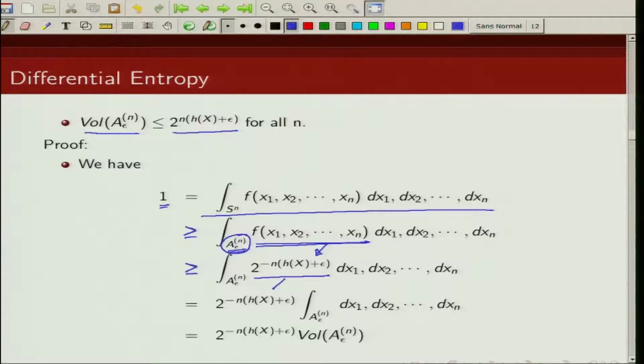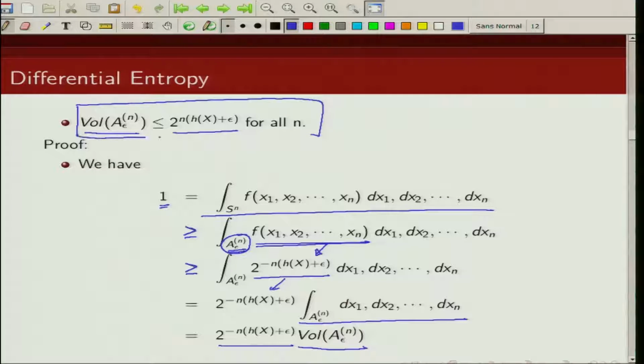Now we can take this out, and if we integrate it over the typical set, what we get is the volume of the typical set. So the volume of the typical set multiplied by this is less than or equal to 1. So from here we get that the volume of the typical set is upper bounded by 2 raised to the power n times (differential entropy plus epsilon).